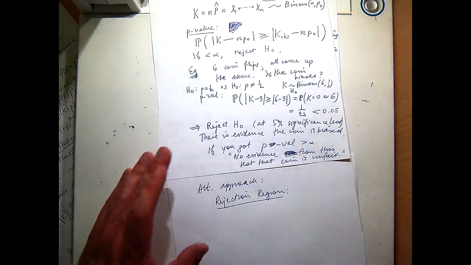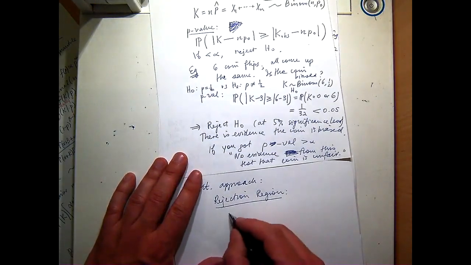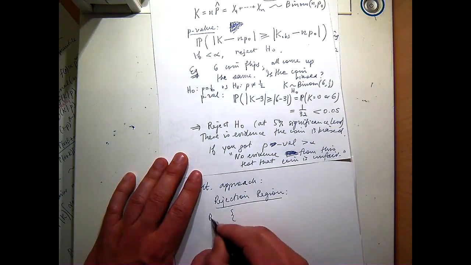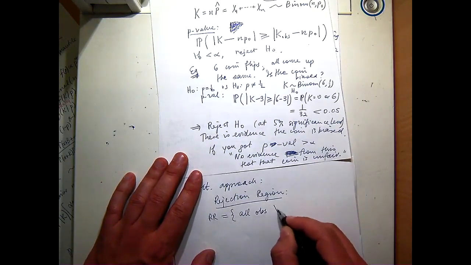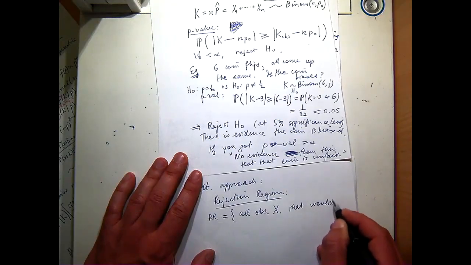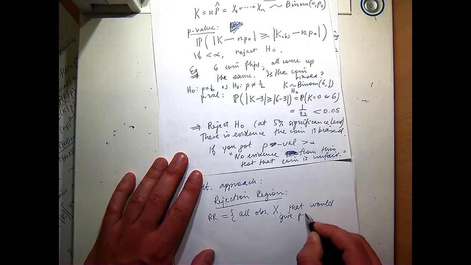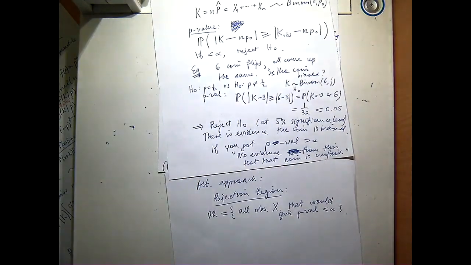So that's very boring. So the rejection region is a way of saying it's the set of all observations x that would give a p-value less than alpha. So they're the set of observations that would reject. And then you can calculate the rejection region ahead of time, particularly if you have quantiles.